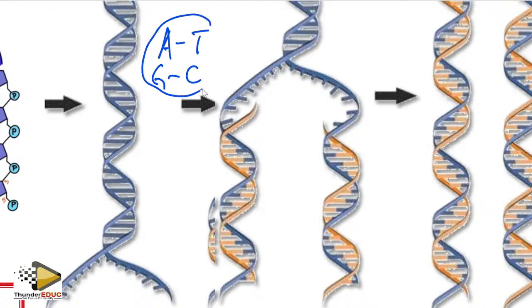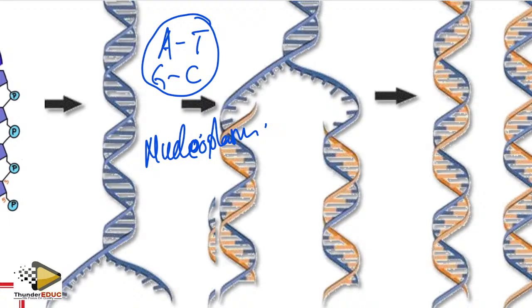Where do these nitrogenous bases, these nucleotides, come from? They come from the nucleoplasm. So we shall say that to form a complementary strand, it uses free floating DNA nucleotides.